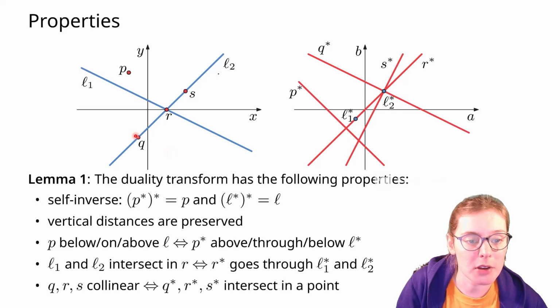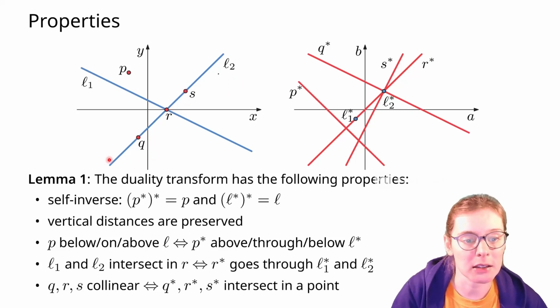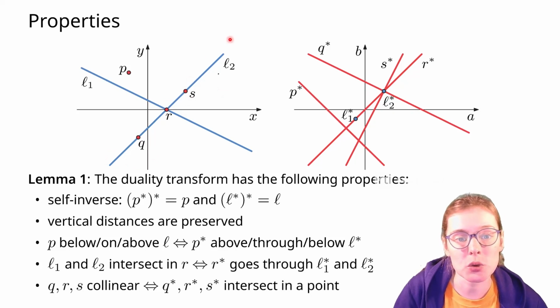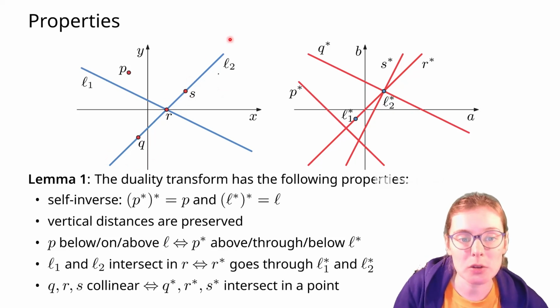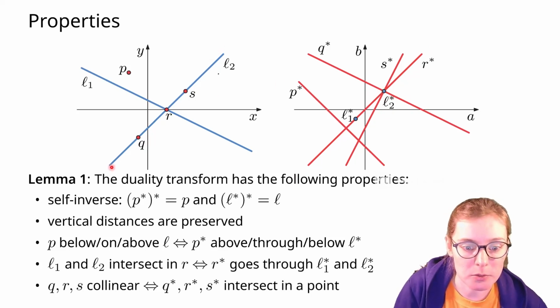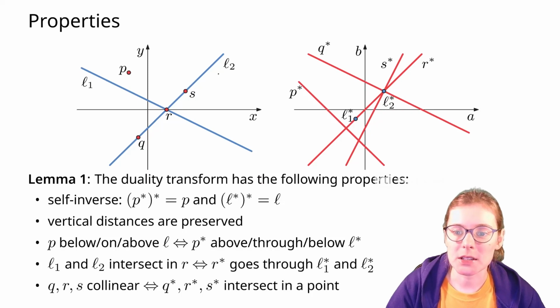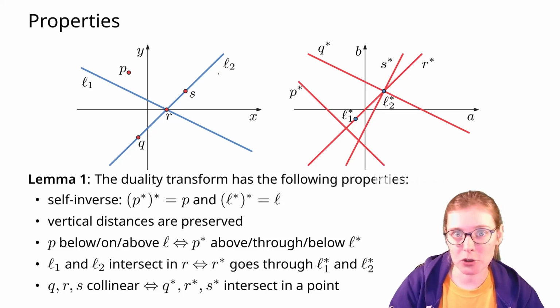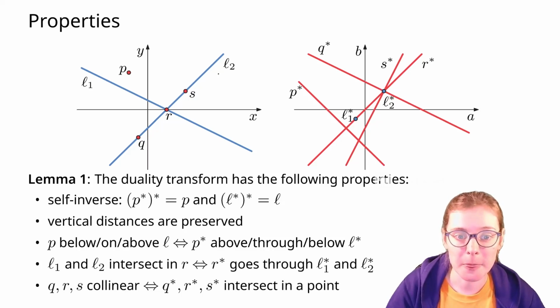And if we have 3 points Q, R, and S collinear, let's say that they lie on some line L2, that means that in the dual plane, the 3 corresponding lines Q, R, and S will pass through the same point, which will be the dual to the line L2. All of these properties directly follow from the definition of the dual transform, and I will leave this as an exercise for you to check by yourself.